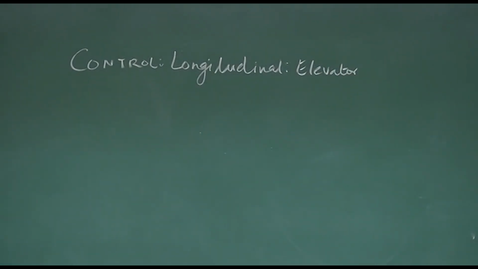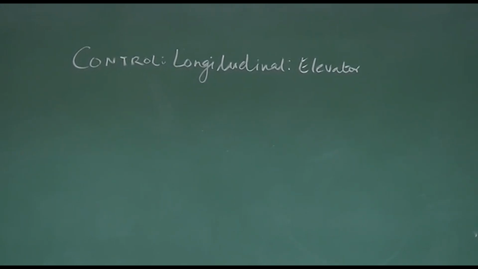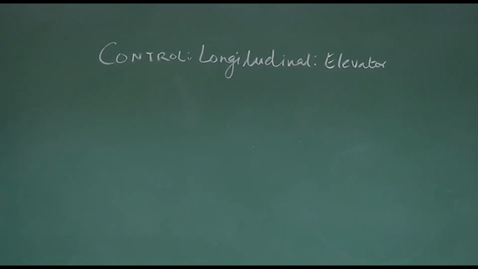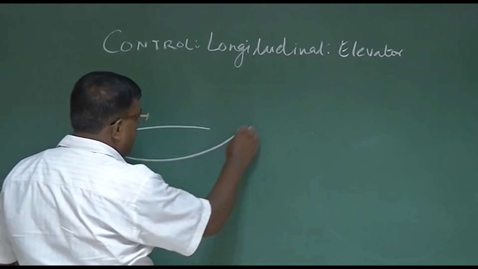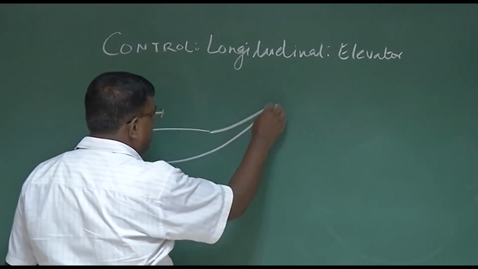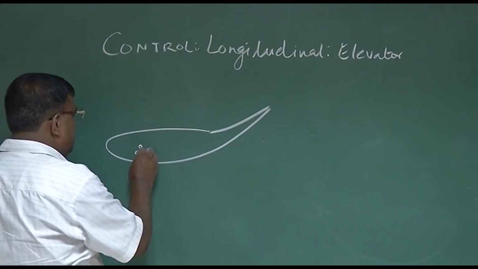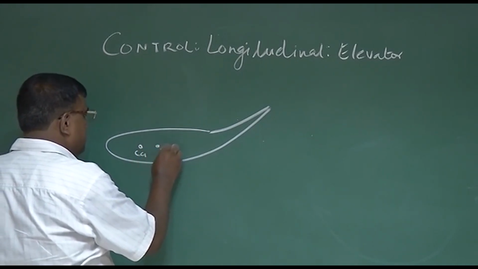Now again I come back to a configuration which is a flying wing. Let us say this is a flying wing. By now we know it has to be a reflex aerofoil, and this is the CG and this is the AC.